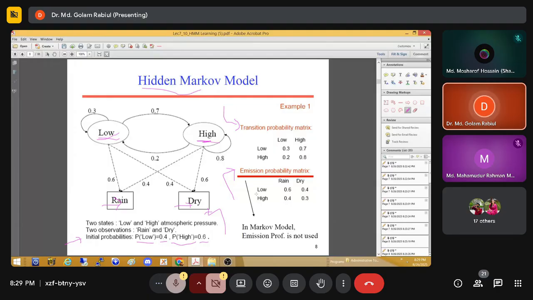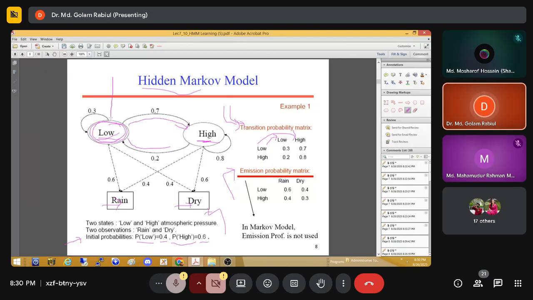Then we need the transition probabilities. What's the probability of low to low, and what's the probability of low to high transition? That means currently it is low atmospheric pressure on day one, or time slot 1. What's the probability that the next day, day 2, will be high atmospheric pressure?